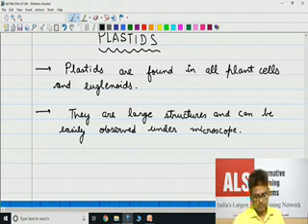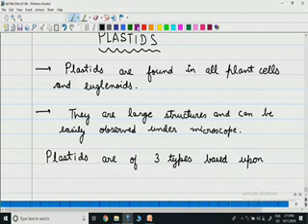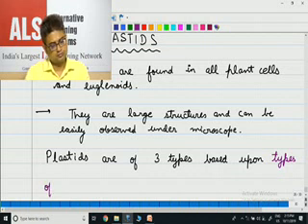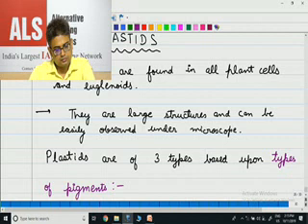Now, plastids are of three types, depending upon their pigment composition, based upon the types of pigments present. So what are they?